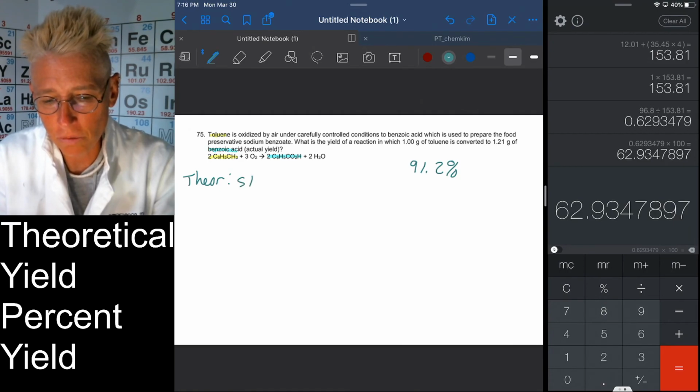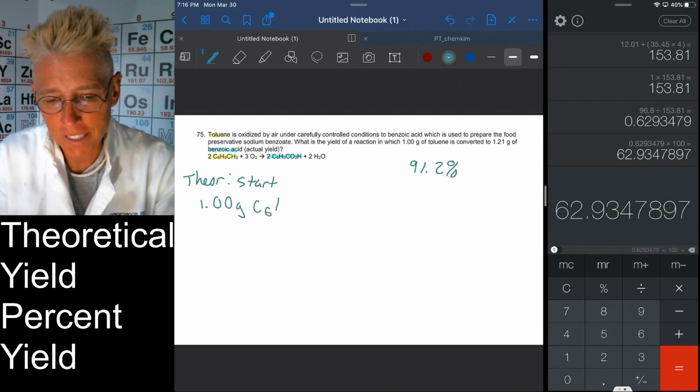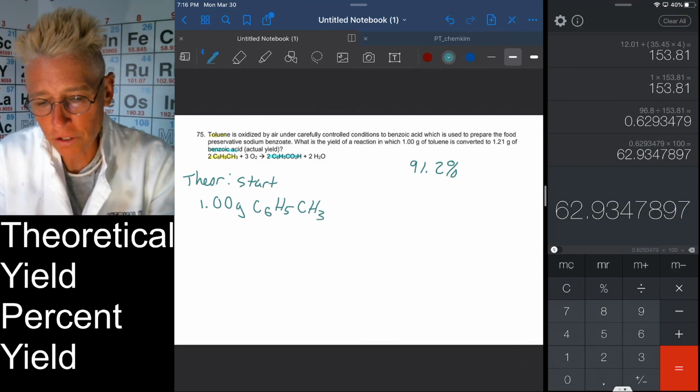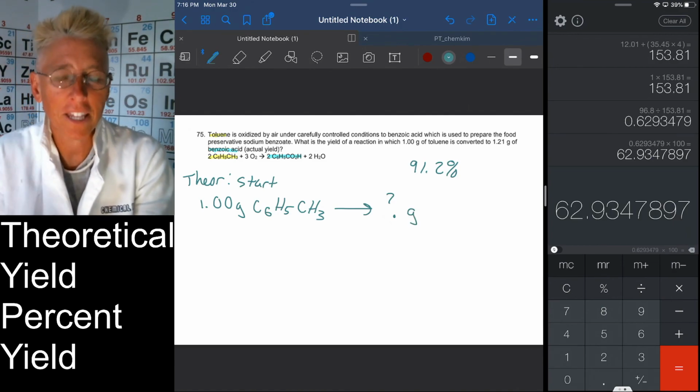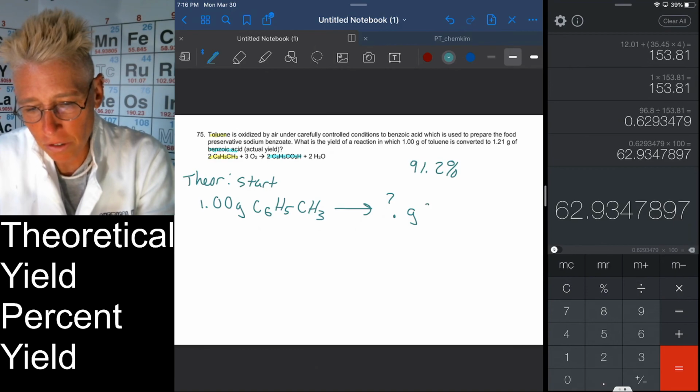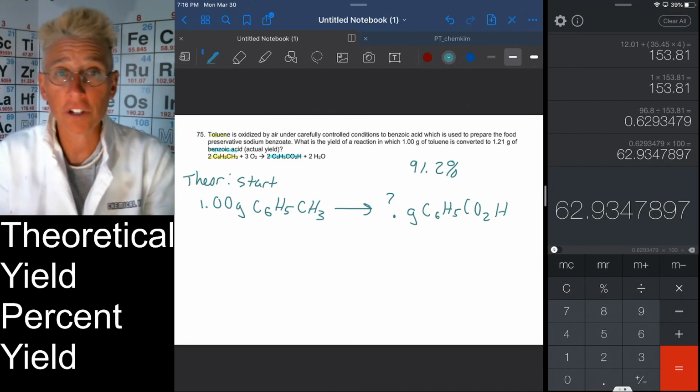You'll start with your given 1.00 grams of toluene, which is C6H5CH3, and you'll do those 3 steps of stoichiometry to figure out a produced mass by calculation of that benzoic acid, which is C6H5CO2H. Okay, so that's your theoretical.